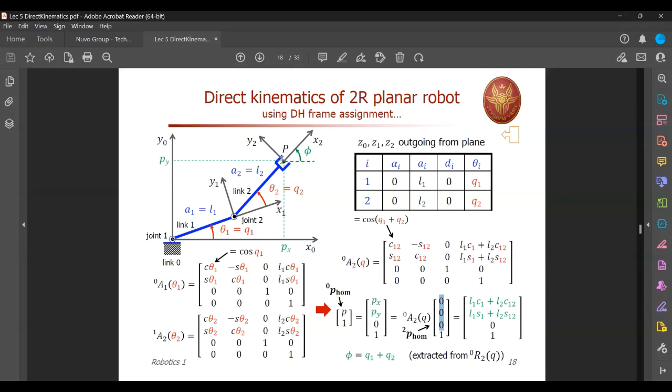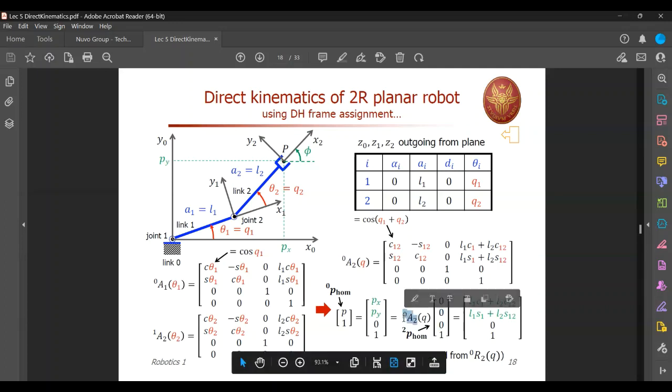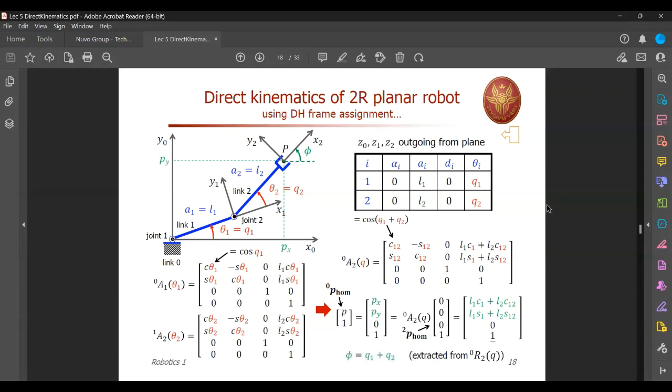You use it as a vector and pre-multiply with 0A2, and you get the end effector position with respect to the base coordinate frame. And orientation is, of course, Q1 plus Q2, the addition of these two angles.